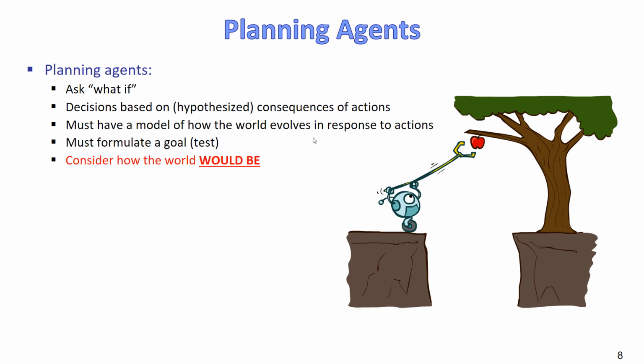Because I need to know if I made this decision, how the world will change, and then if I made that decision, how the world will change, and so on. When I say I, I mean the agent. The agent has to have a model of how the world works, and of course it has to formulate a goal. It has to know what I want to achieve and test if I reach that goal or not.